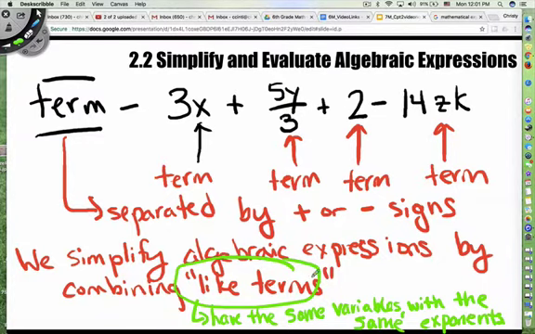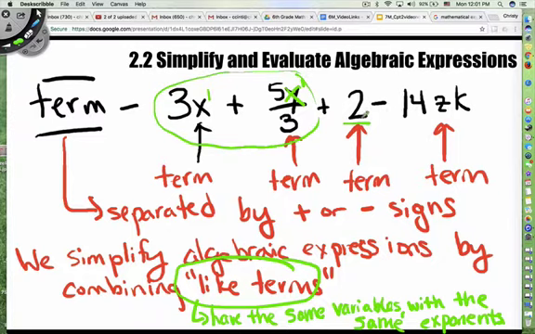So this is not a like term to this, because a like term to this would have an x in it. If this were indeed an x, then these two would be like terms, because this is x to the first, and then you could combine these terms. If you could actually combine them, which you probably could not do.